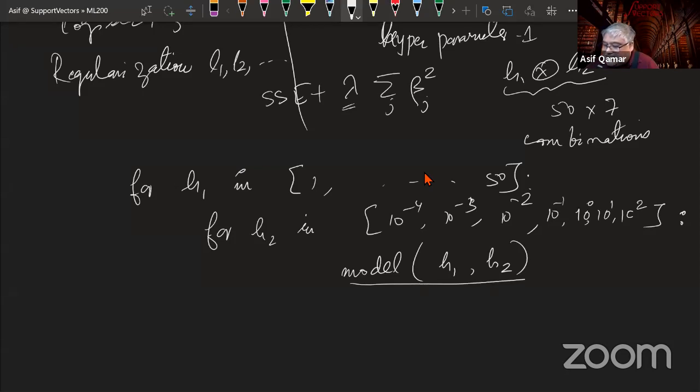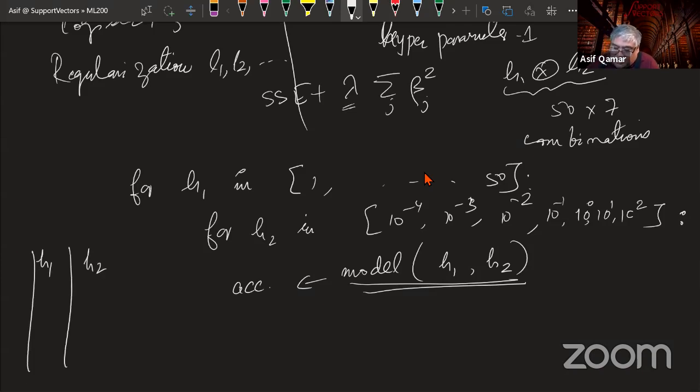You can build your classifier or your regressor with these two particular values, and then you look at the metric. Let us say that you're doing classification and what you care for is the accuracy. You can maintain a table which would say H1, H2, and the metric accuracy.